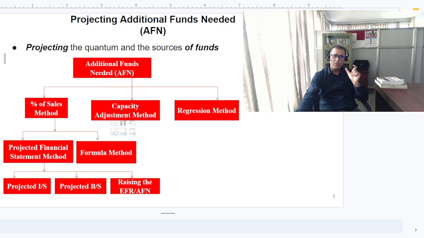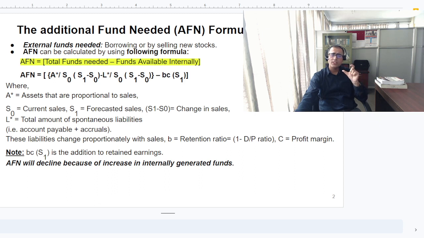Now, the second one is the formula approach, and under the formula approach, I will be discussing how we estimate additional fund needed by using the equation. Okay. Now let's discuss the additional fund needed formula or equation. Then you could see that is external fund needed, as I explained earlier.